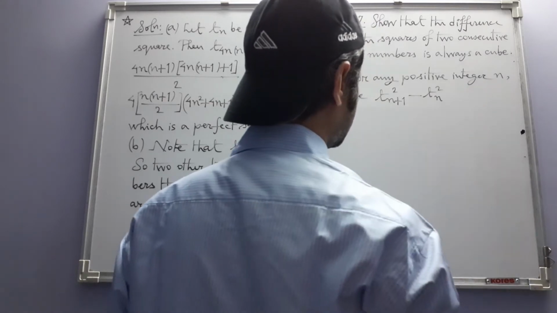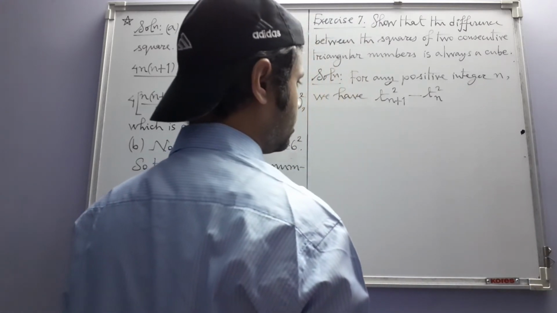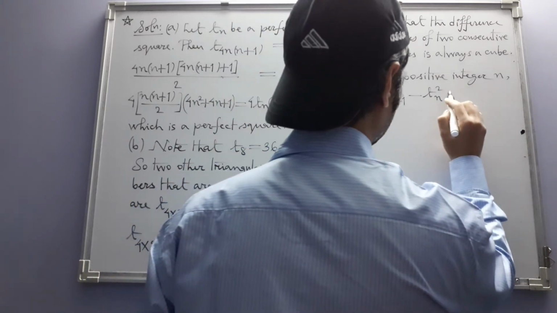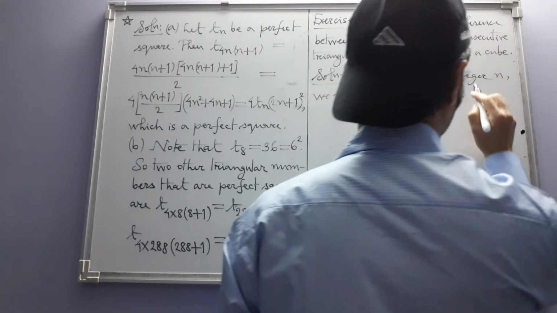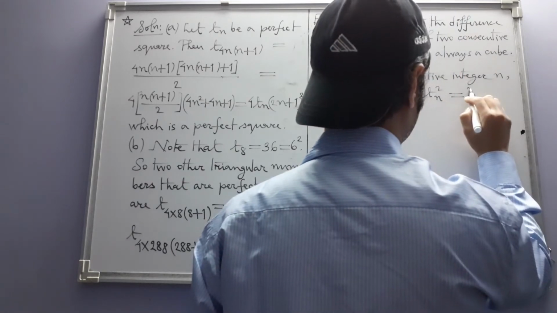Shall we use a square minus b square formula to simplify things? Okay, let's just directly write the things and then we will see.